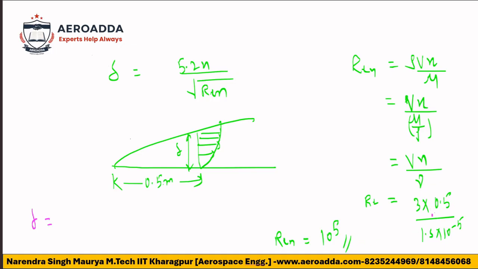So delta is nothing but 5.2 into x, that is 0.5, divided by root of 10 to the power 5. Can you calculate this?